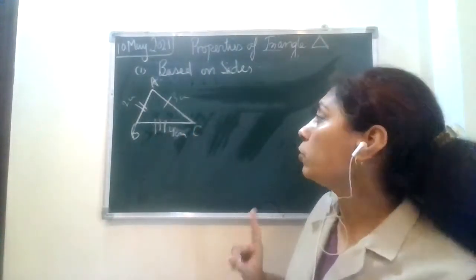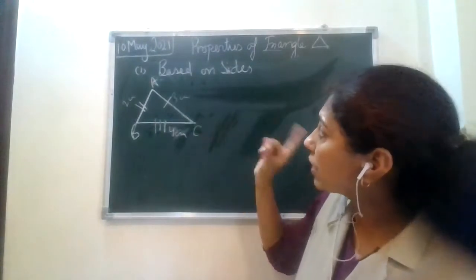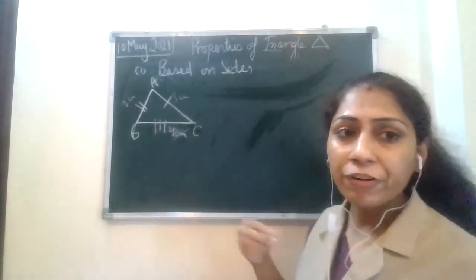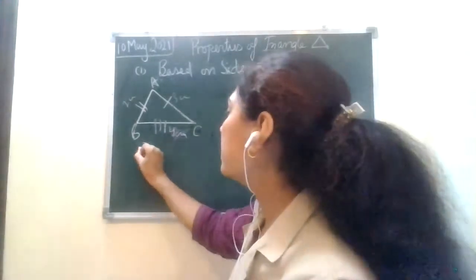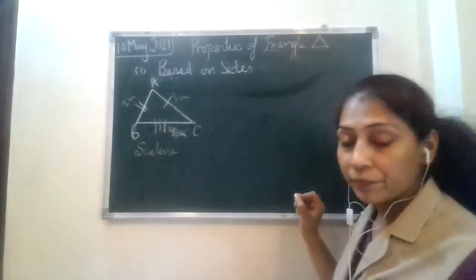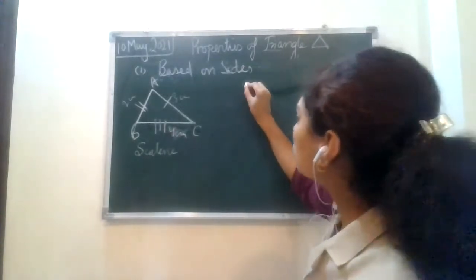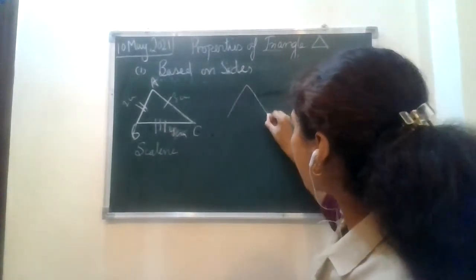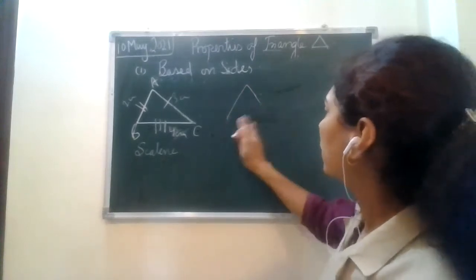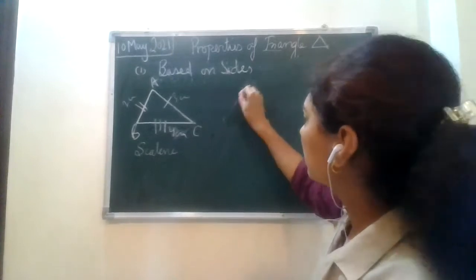Now, based on sides, if the three sides are of different measurement, this is called your scalene triangle. If two sides are equivalent, let me draw like this.